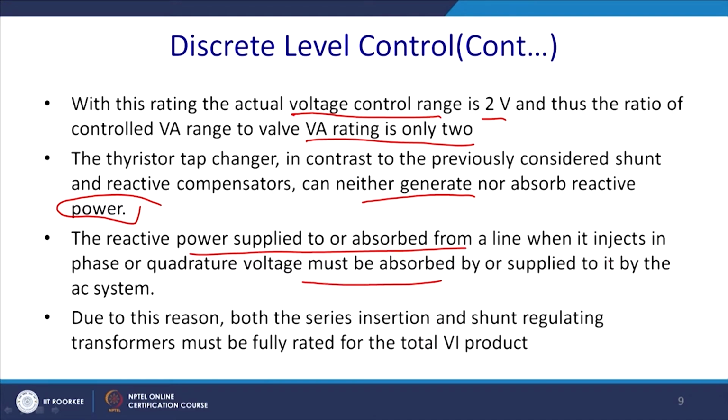Due to this reason, both the series insertion and the shunt regulating transformer must be fully rated to the VI product of the rating. So, the rating is quite high in case of both the shunt and the series solution.